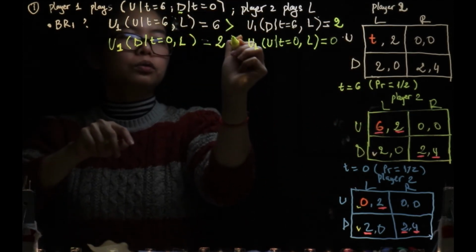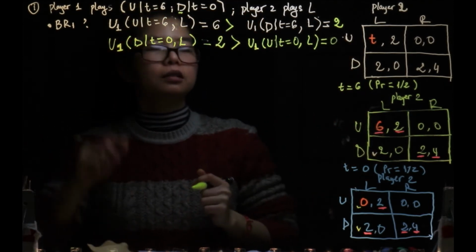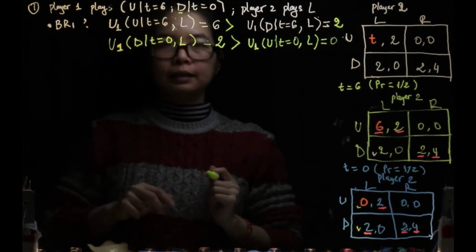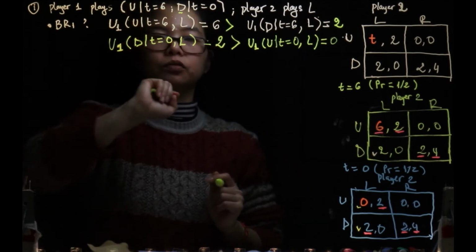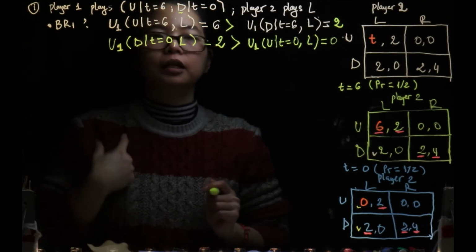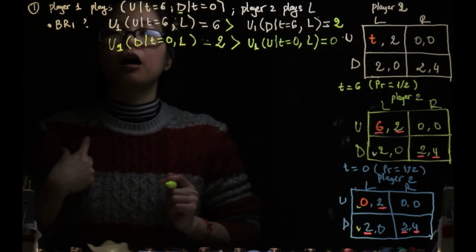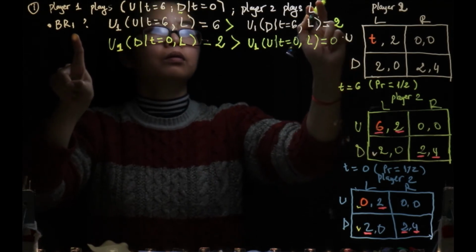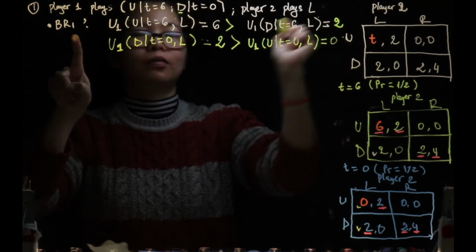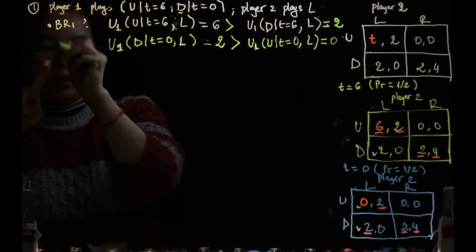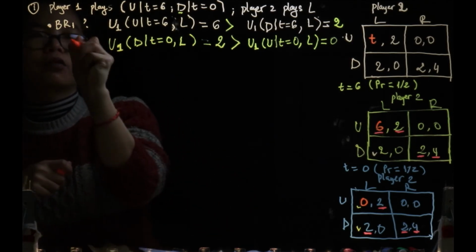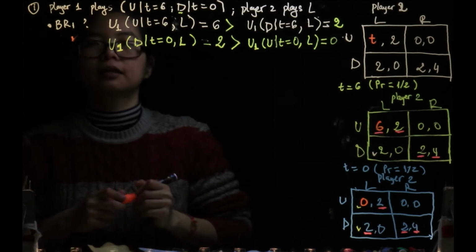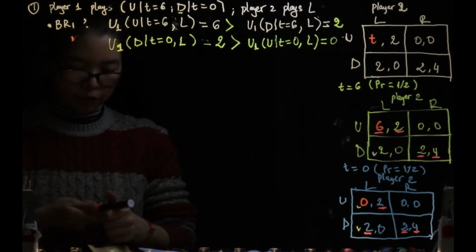So 2 is also larger than 0. As a consequence, playing this strategy is actually the best response of player 1, given that player 2 plays left. So let's give him a tick mark over here to indicate that that is the best response.